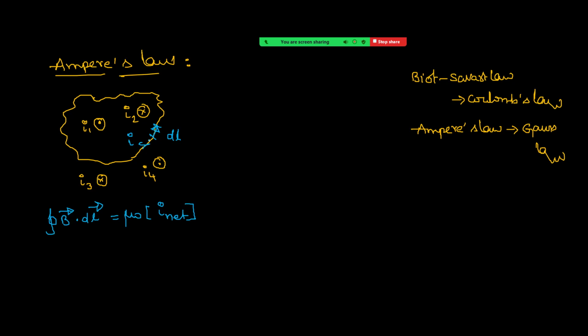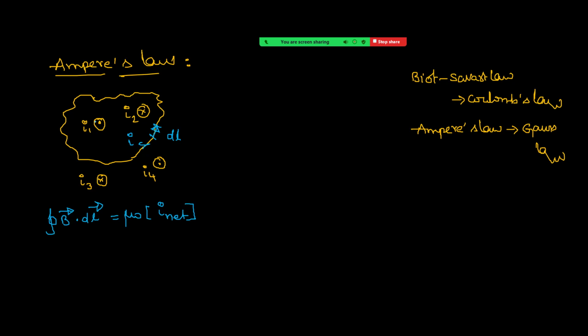But coming to here, we are imagining a loop, right? And through this loop, there is no current. Now here what we are doing is take either outwards as positive or inwards as positive, which is our choice. So here I have taken outwards as positive.